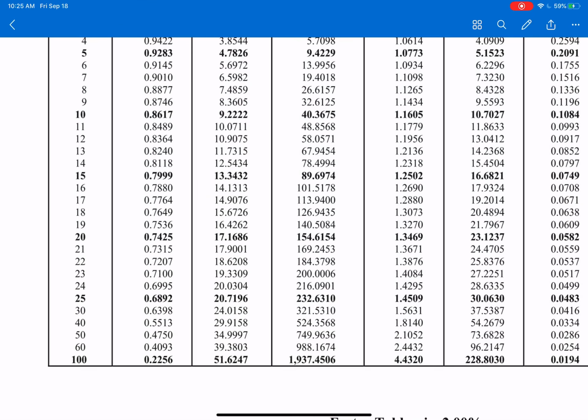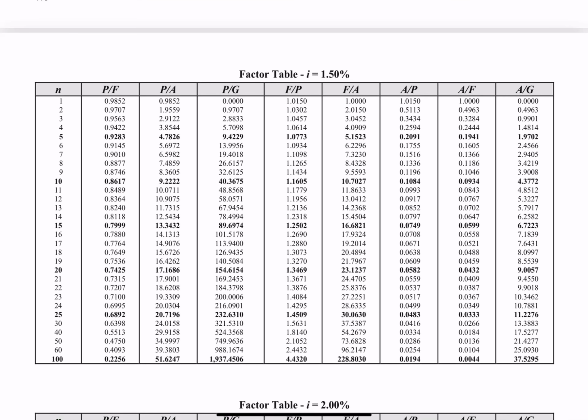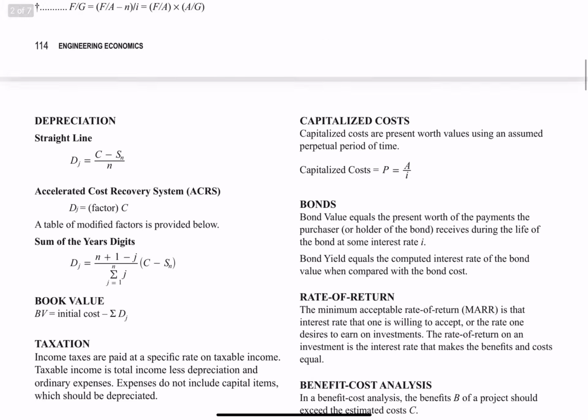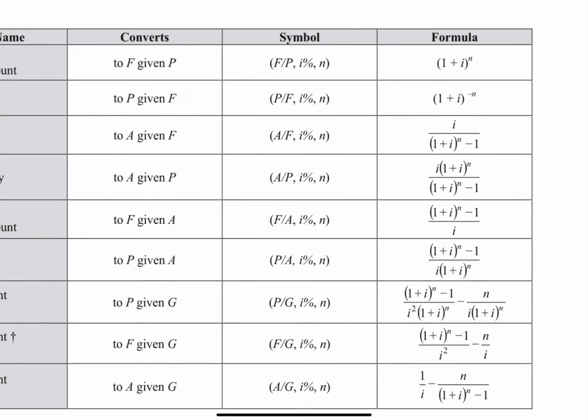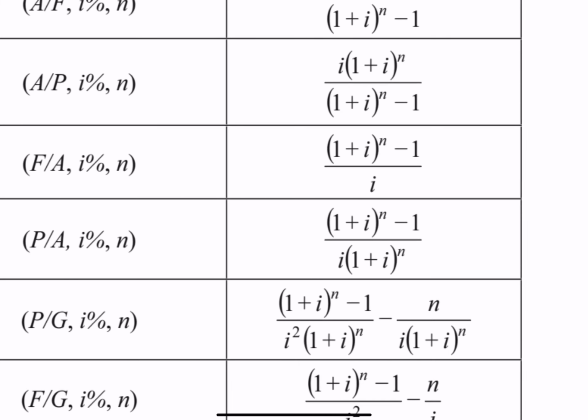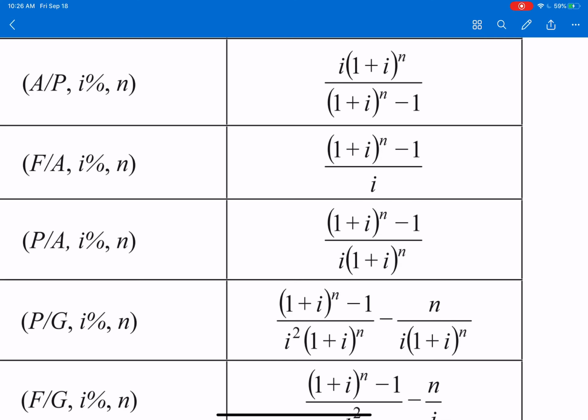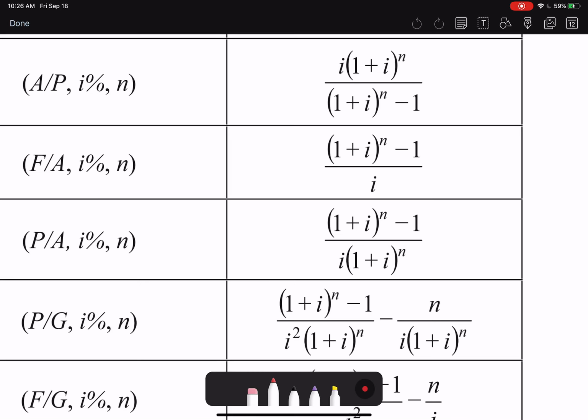Let's go to that. We don't have infinity in the table. Then you have to use the equation. P over A, I% infinity. That is the equation we need to use, because that P over A there.